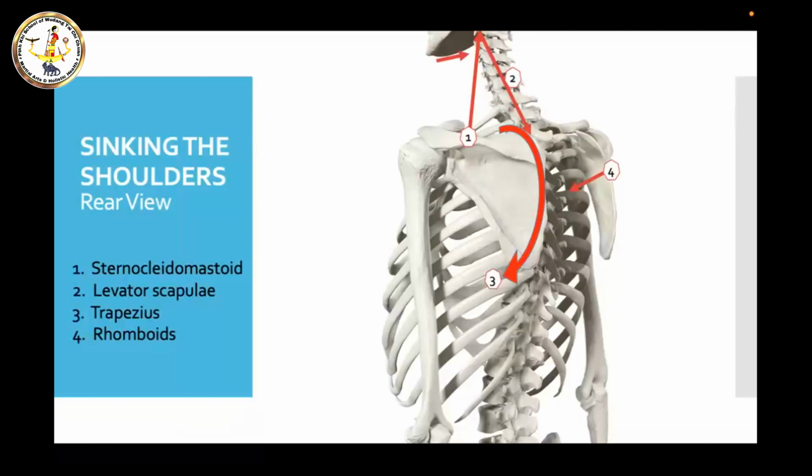As we do this, we are depressing the shoulders and we're retracting the shoulders also. The depression is from the trapezius. So the chin comes in, we drop the shoulders down and we retract.